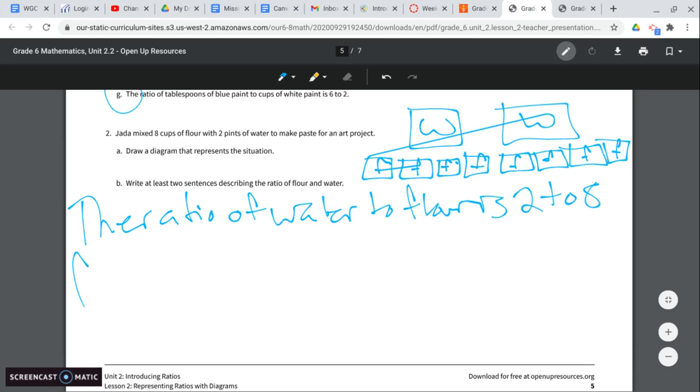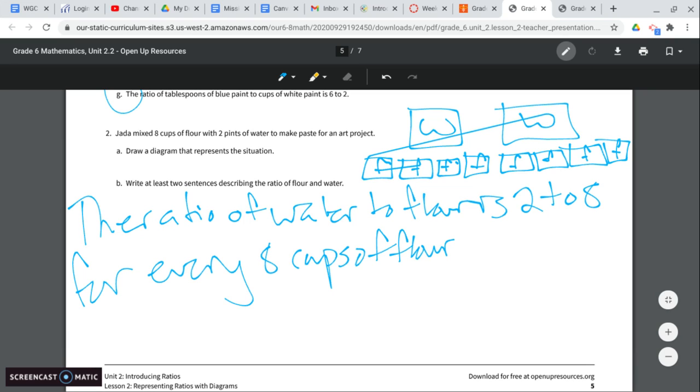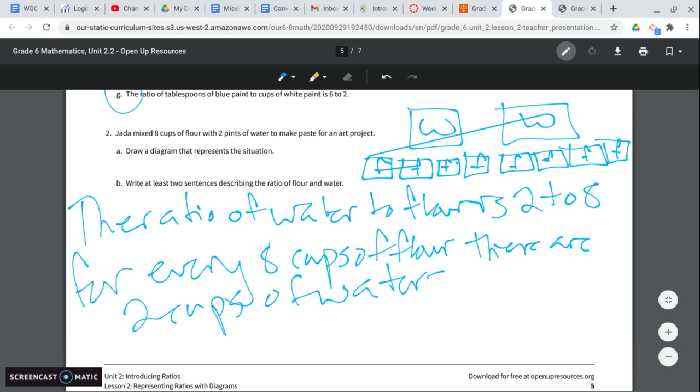For every 8 cups of flour, there are 2 cups of water. So these are examples of sentences describing the ratio that we could write for this. So once again, you have to make sure that you keep the corresponding parts together. So don't take and get those mixed around, okay?